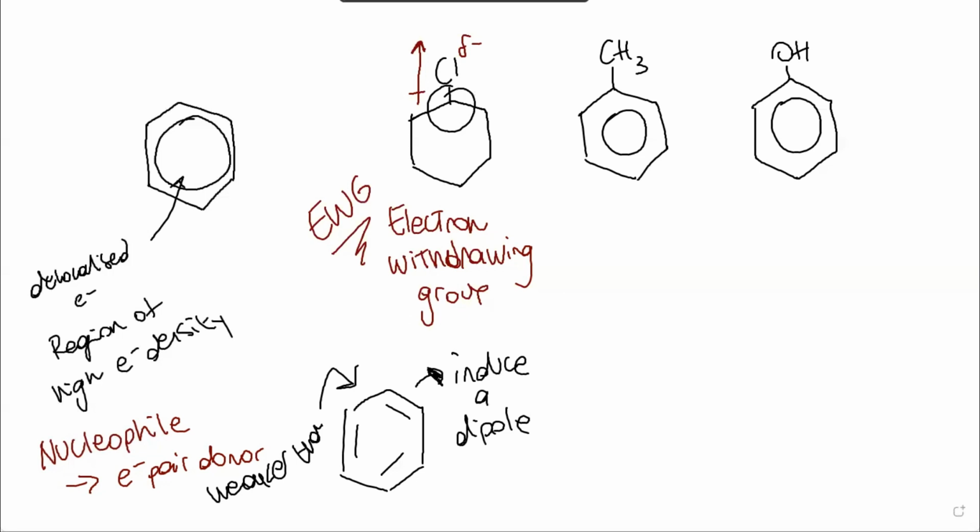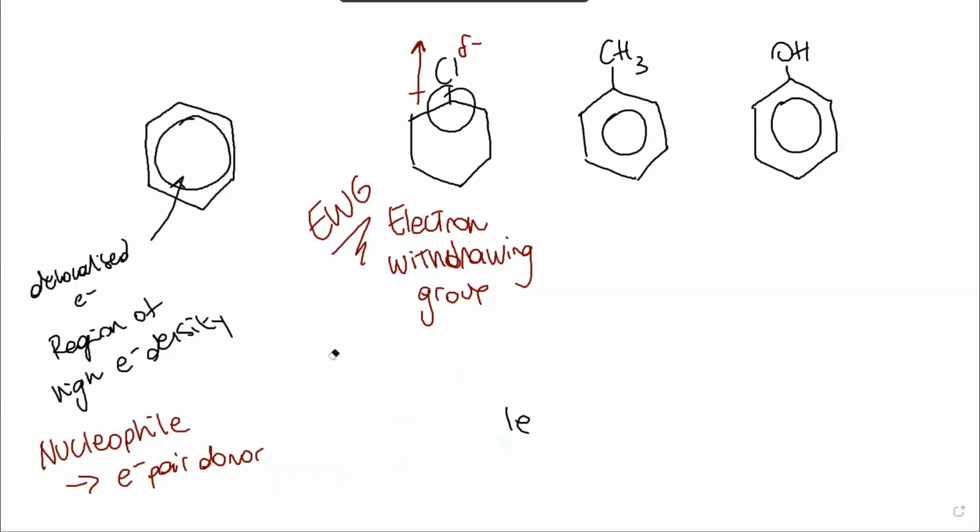So electron withdrawing groups decrease the reactivity of benzene. It's going to be less reactive, because it has less electron density in the ring.